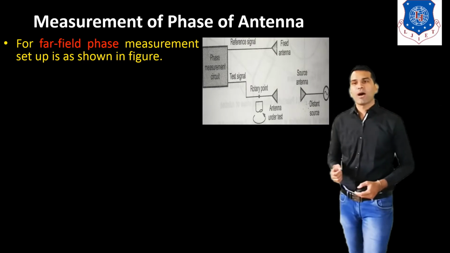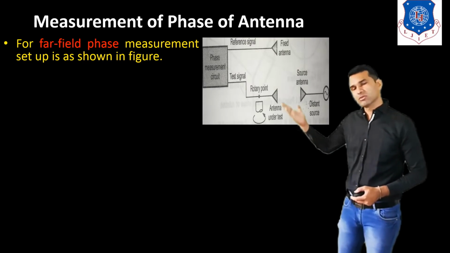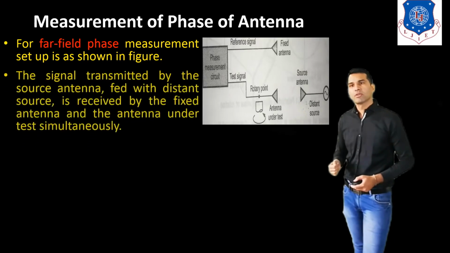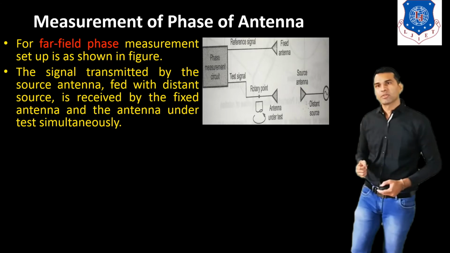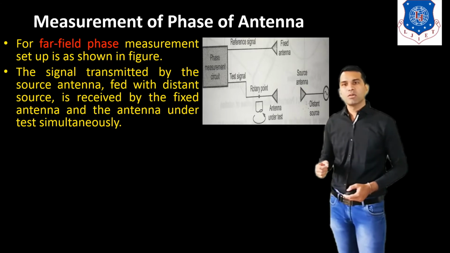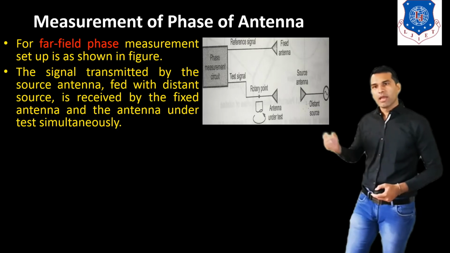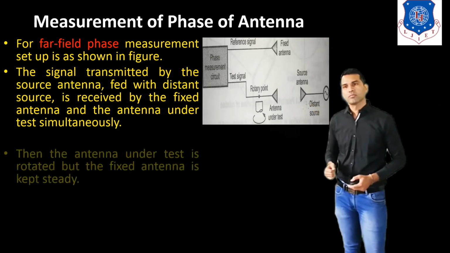And the far field phase measurement setup is as shown in this figure. The signal transmitted by the source antenna, fed with the distant source, is received by the fixed antenna and the antenna under test simultaneously.